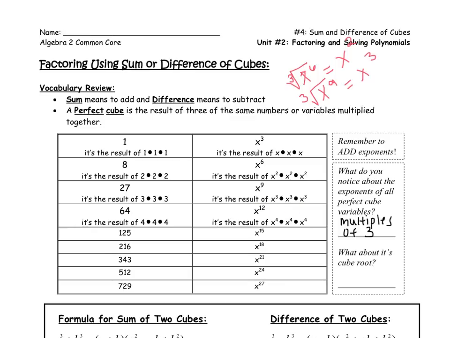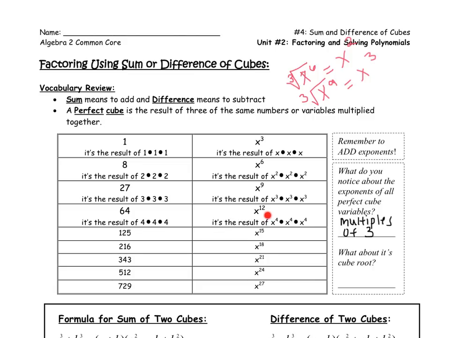So what do you notice about its cube root and its perfect cube inside? What's the relationship between this power 9 and that power 3? When we did square roots, they said they were half. So what is 2 in relation to 6 and 3 in relation to 9? You should be saying that it's a third of this power. So 6 times a third, or how about divided by, right? 6 divided by 3 is 2. 9 divided by 3 is 3. How about the cube root of 12?